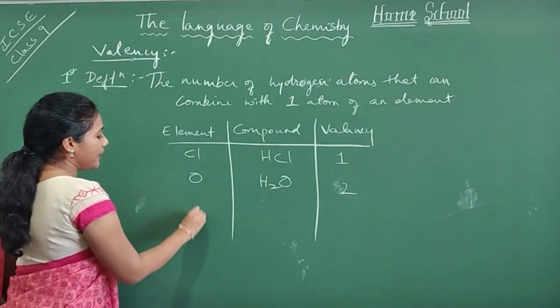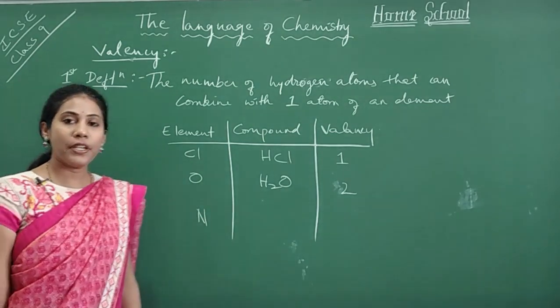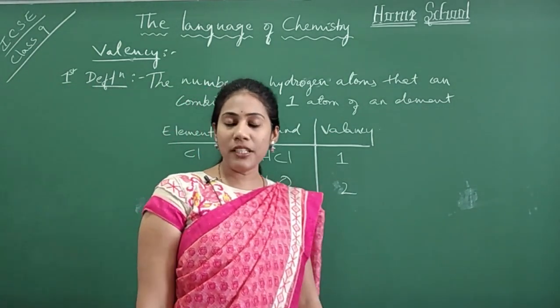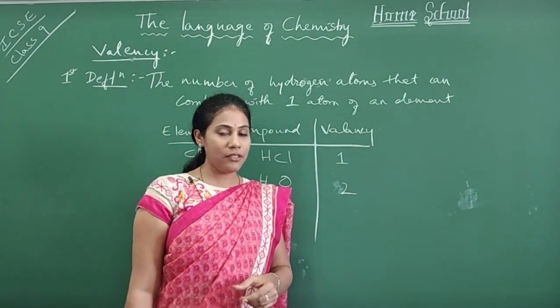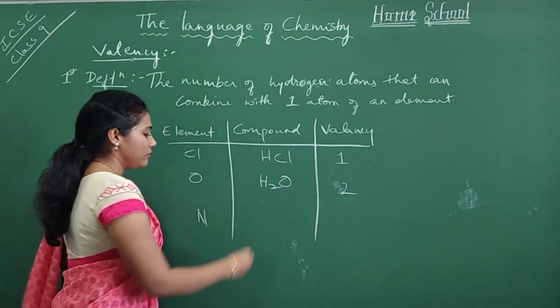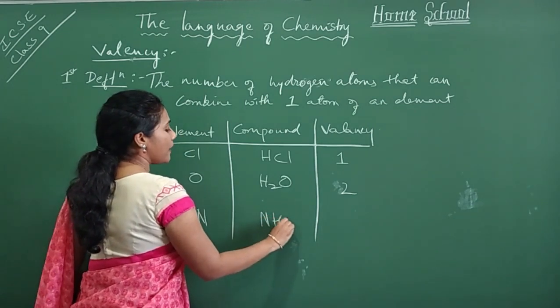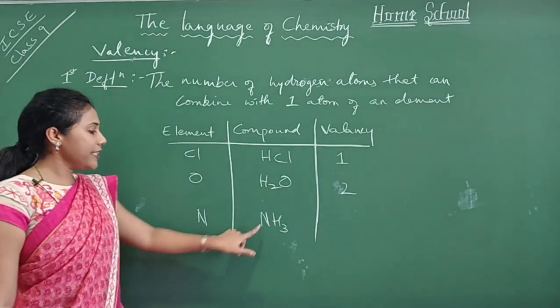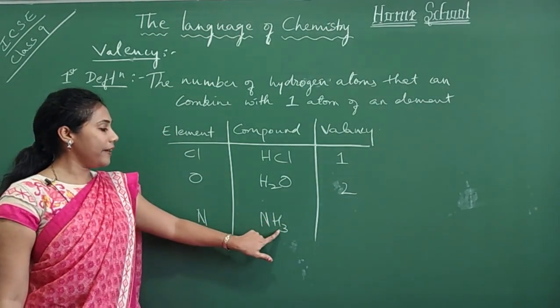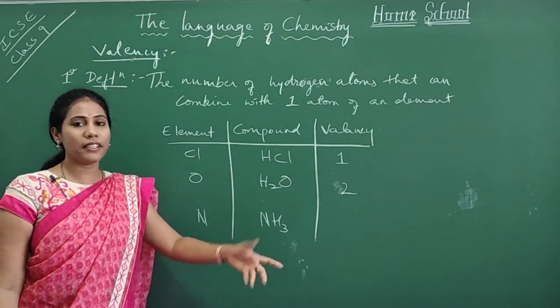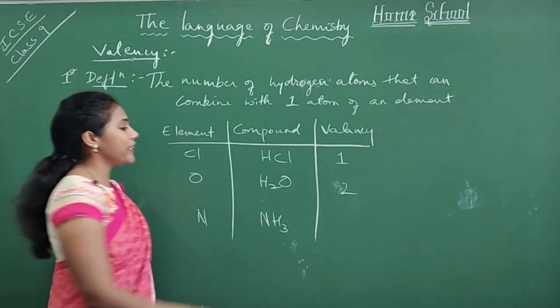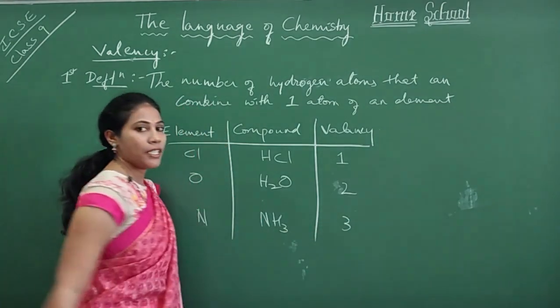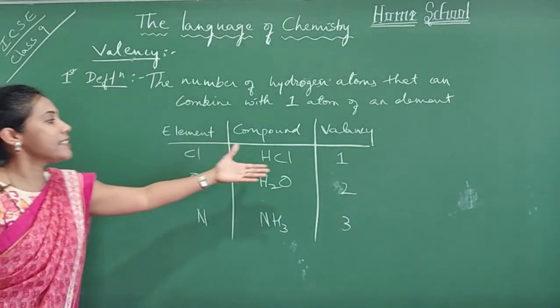Let me take another element, nitrogen. Can you imagine a compound of nitrogen with hydrogen? Definitely, the compound is ammonia. This nitrogen has combined with 3 hydrogen atoms. So the valency of nitrogen is 3. This is what we call valency.